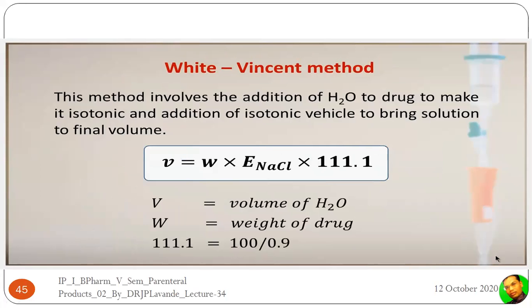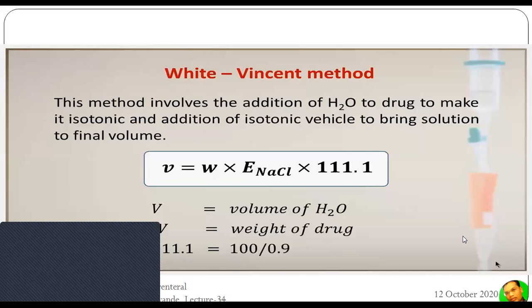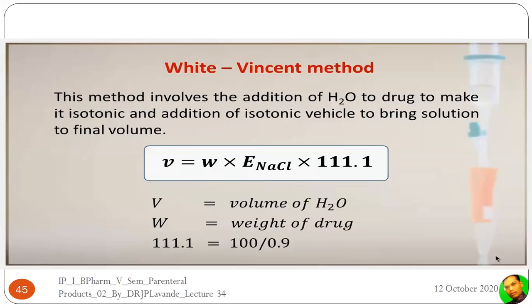The White-Vincent method involves the addition of water to the drug to make it isotonic and addition of isotonic vehicle to bring the solution to final volume. So in the White-Vincent method, we are adding the water in order to make it isotonic.